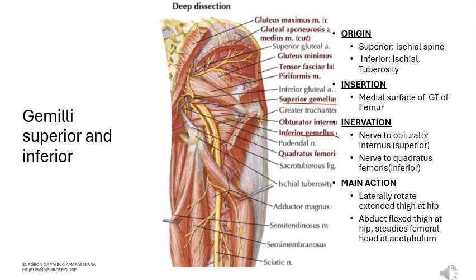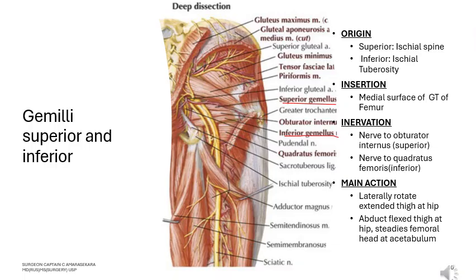Let's now examine the gemelli muscles, a pair of short, deep muscles that flank the obturator internus and contribute to the lateral rotator group of the hip. Though small, they play a vital role in stabilizing the femoral head and controlling rotational movements at the hip joint.